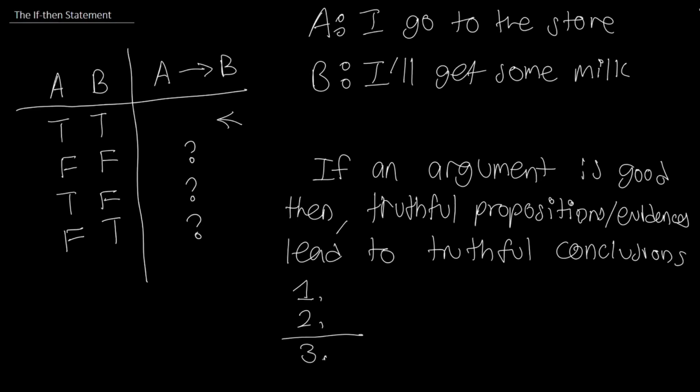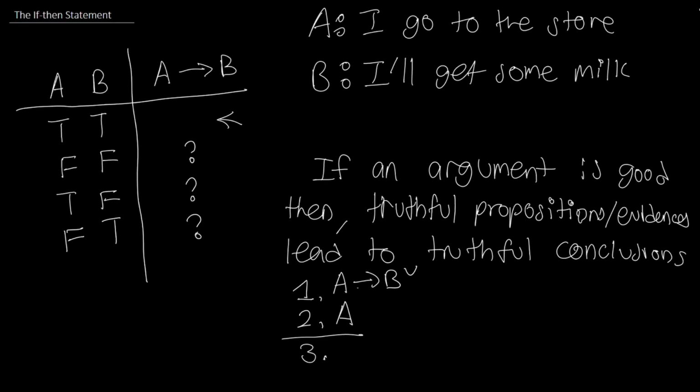Our first proposition is this guy over here, and our second proposition is this guy over here. So let's translate that, shall we? What does the first proposition tell us? If I go to the store, then I'll get some milk. The second proposition is, I went to the store.